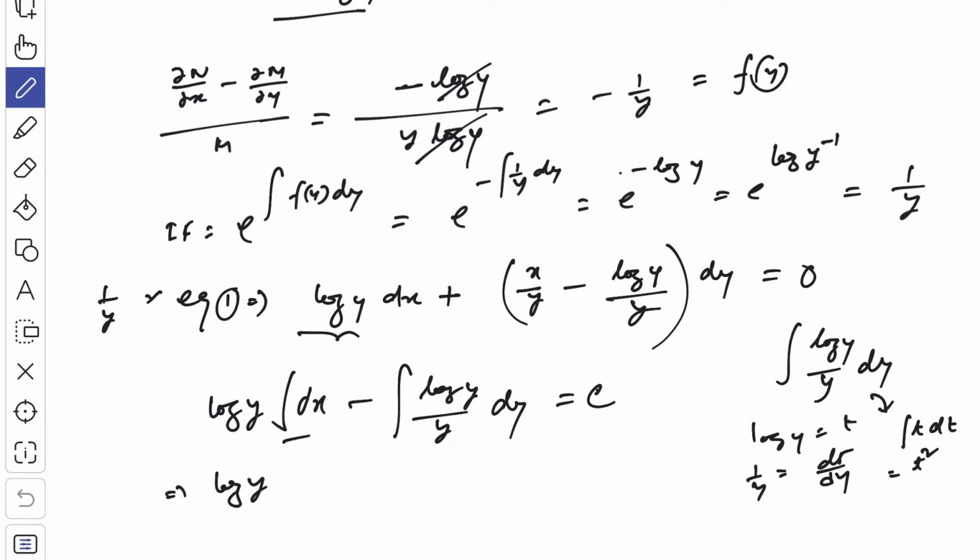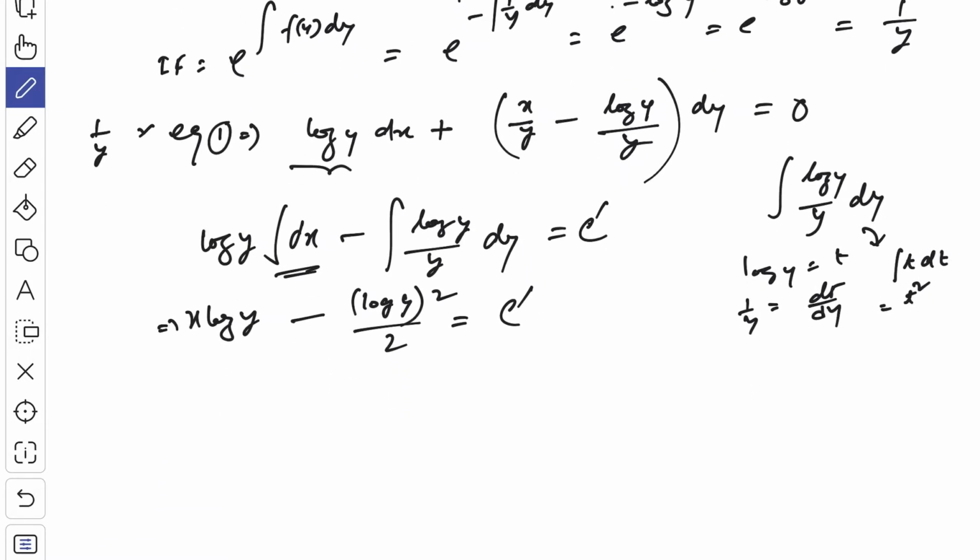Log y integration of dx is nothing but x, so we can write x into log y minus, and integration of this we will get log y whole square by 2. So let me write properly, x log y minus log y whole square by 2 is equal to c. That's what we will get. So hope you have understood. So let me take this one as c dash.